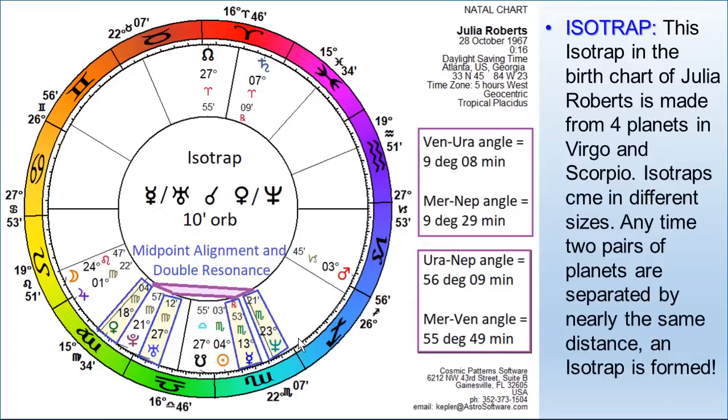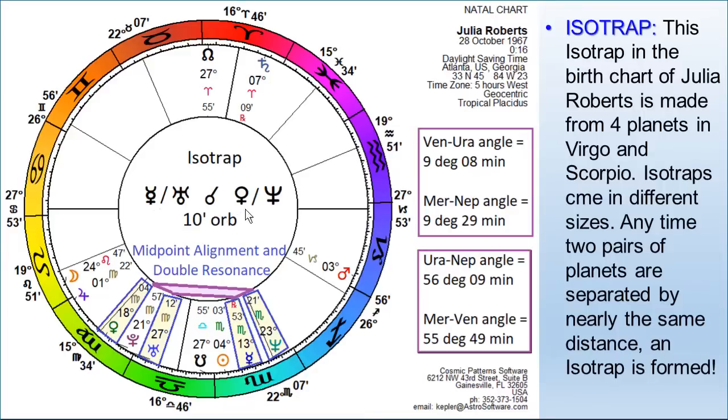So the point I want to make here is that the orb of the midpoints is half of the difference in resonance. Let me say that again. The orb of the midpoint to midpoint alignment, in this case Mercury-Uranus midpoint conjunct Venus-Neptune midpoint, is 10 minutes.